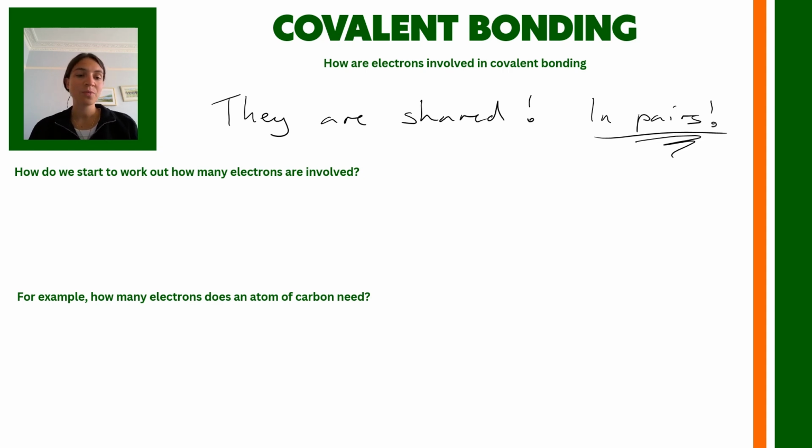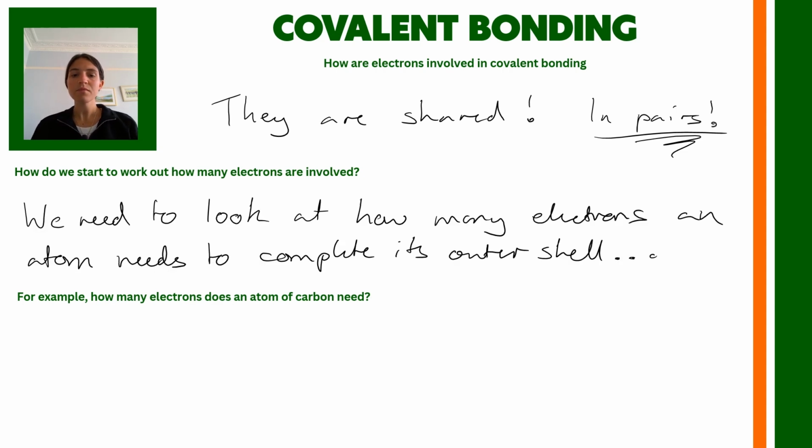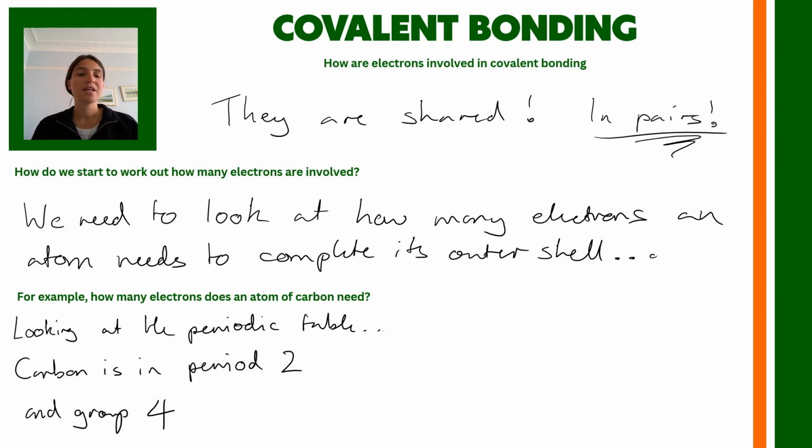Okay, how do we start to work out how many electrons are involved in the bonding? What you need to do is know how many electrons your atom will need to complete its outer shell. And how do you do that? Remember we need to use the periodic table, specifically looking at what group I'm in. For example, how many electrons would a carbon atom need?